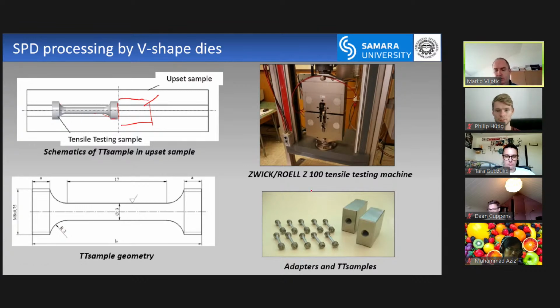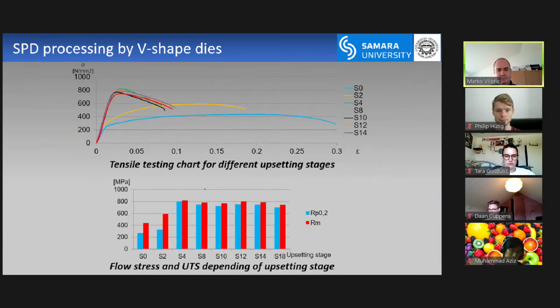So this is the machine, and these are the results. Of course, the higher the strain, the total upsetting stages, the higher the yield stress and yield strength. This is the ultimate flow stress, ultimate tensile stress. So you can see that the optimum is maybe after 4 upsetting stages.